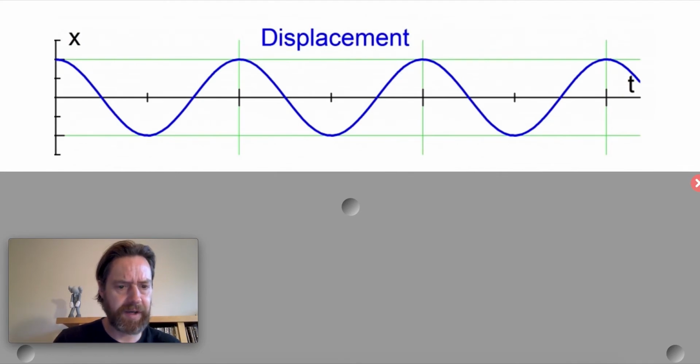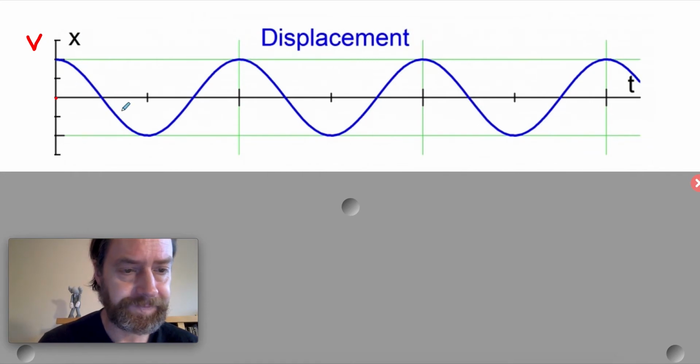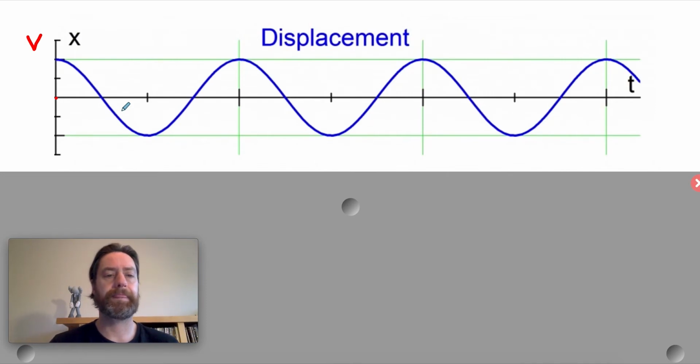You shouldn't do it this way because it becomes very messy, but I'm going to draw over the top of this one. So in my red, I'm going to make it a velocity time graph. When there was a maximum positive displacement, the velocity was 0, so I'm going to mark a dot there. Next, going back to your notes from last time, when the displacement was 0, basically the rest position, it was at its very fastest.